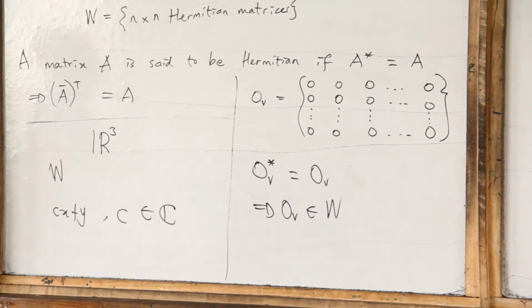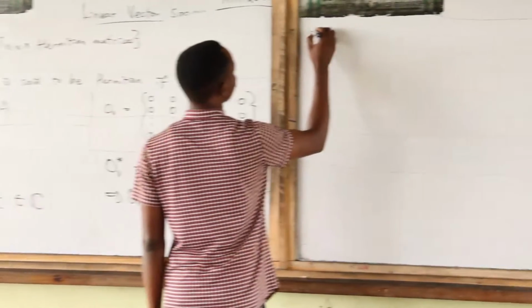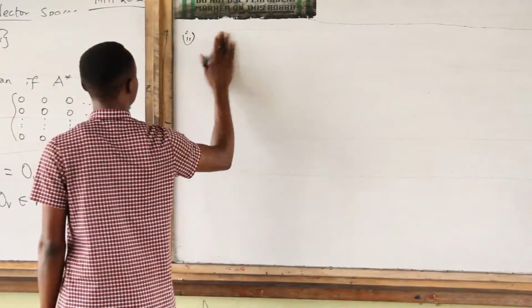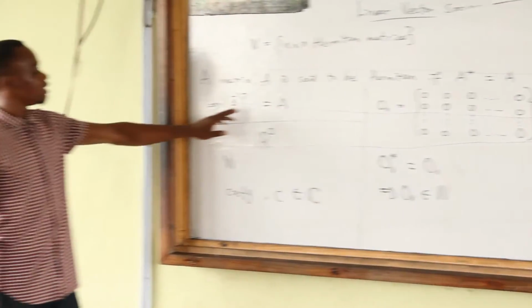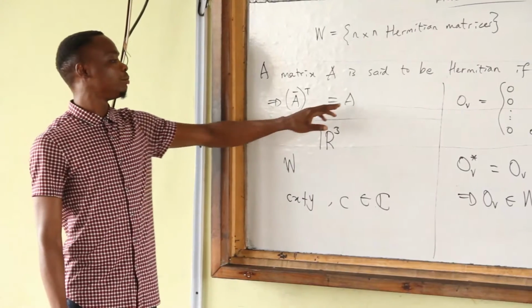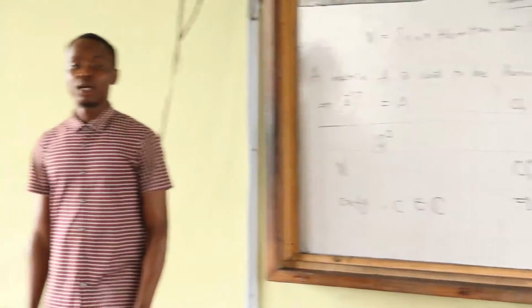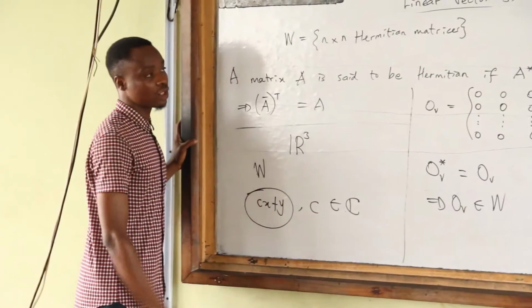So for the second condition, you want to check that if, please pay attention, if this condition holds for a particular matrix, and we want to find out if we're going to have this expression at the end of the day.